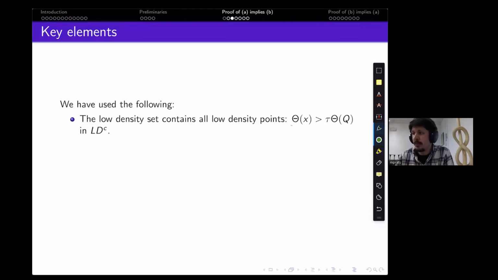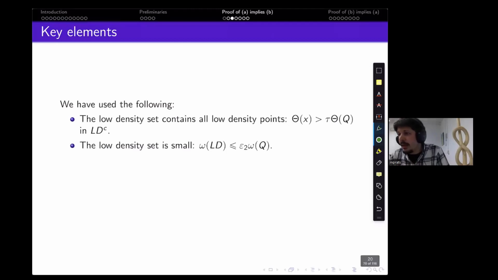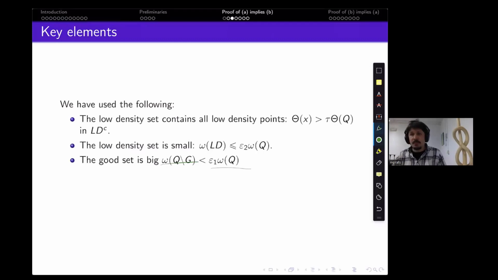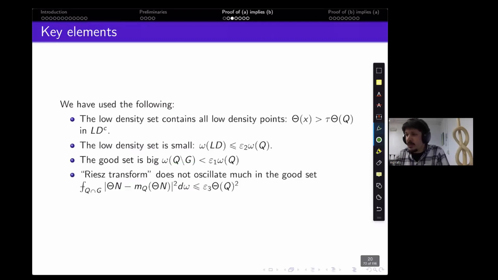That means that away from the low density set, you are big. Second, the low density set is small. Third, the bad set is small, so the good set is big. Fourth, the Riesz transform does not oscillate too much in the good set. So we need to show these four items. If we have these four items, we are done.